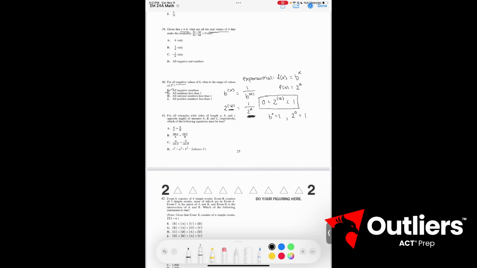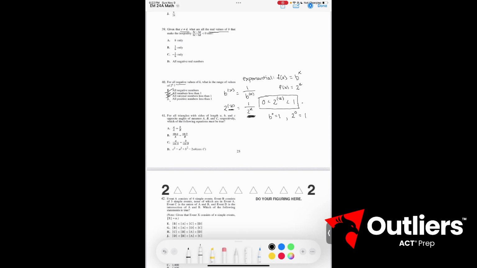So we can eliminate f because as we see from this inequality, 2 to the negative k is always going to be a positive number. So it's also not going to be g, all numbers less than 1, because that would include negative numbers. And it is also not going to be h, because all rational numbers less than 1 would still include negative numbers.